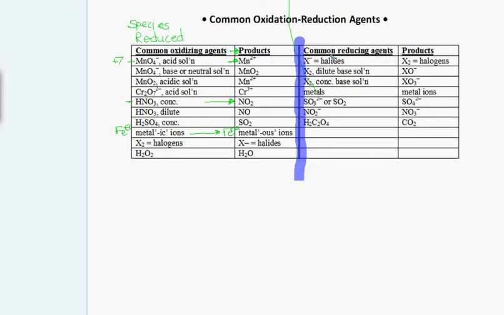On the right half of the table are common reducing agents, and those are species that are actually carrying something that is oxidized. So you can see that our very first one is, again, a halogen series where our halide is turning into the halogen. We also have ones where our halogen could turn into the hypohalite, or the halogen could turn into the halate.